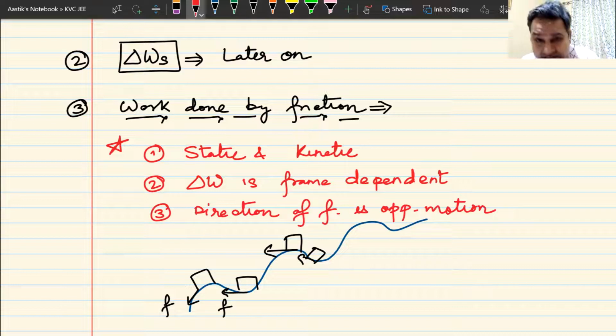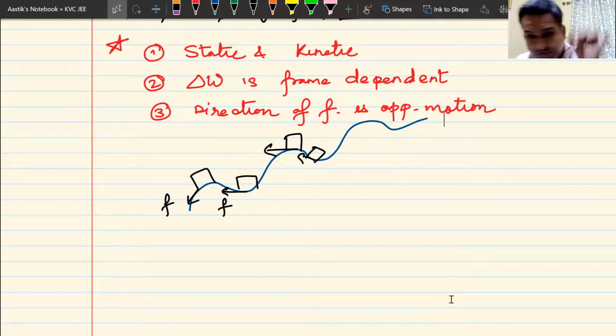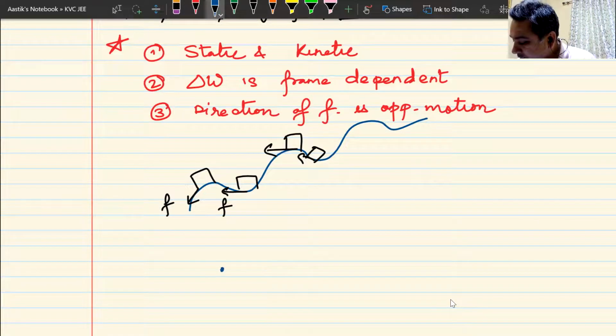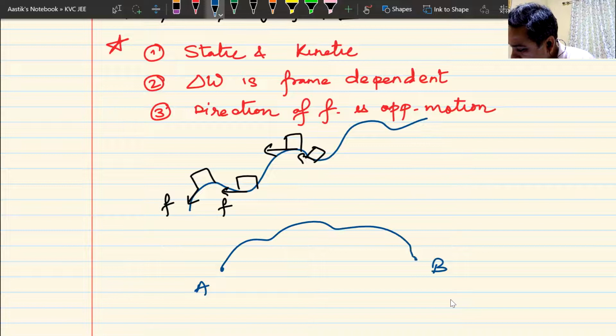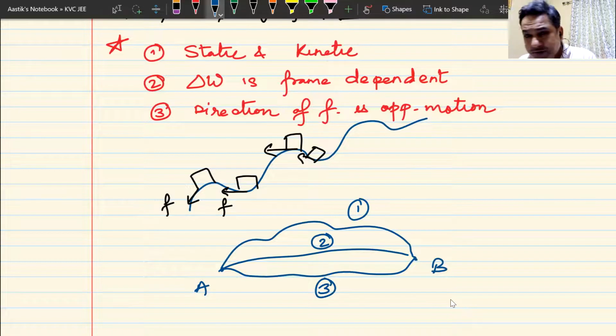Now, since it keeps on changing, comes a small problem. What is that problem? If I go from point A to point B in different paths, this is path number A or 1. This is path number B or 2. This is path number C or 3. If I go from A to B in different paths, work done by gravity, which is a conservative force, is same.